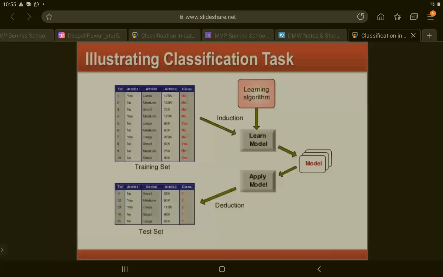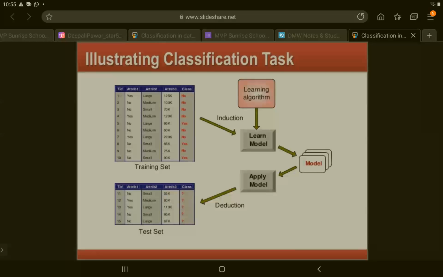According to the training data set and a particular learning algorithm, we make the model. This model we then apply to the test data set. For induction we use the training data set, and for deduction we test our test data set on the given model. This is the basic concept of classification.